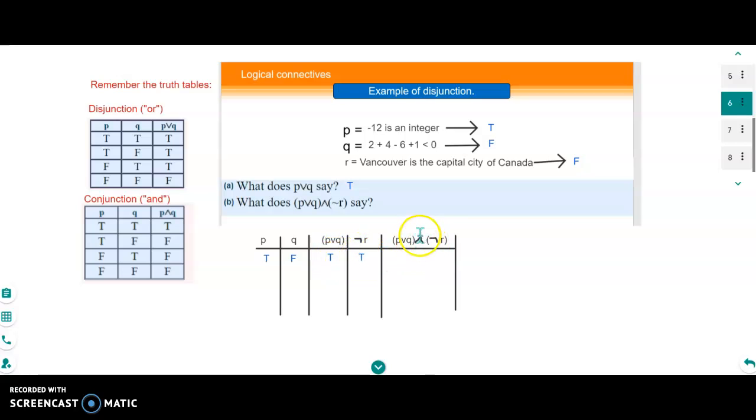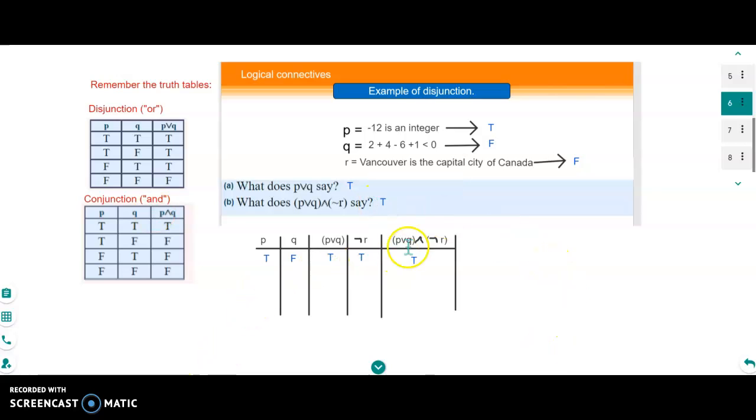This is conjunction, not disjunction. So we go to the truth table of conjunction, the word and, the little mountain, and we see that true and true will be true. So this is our final answer for this question.